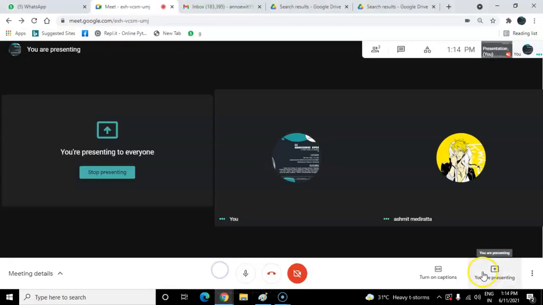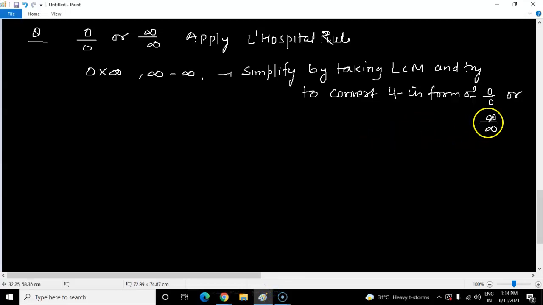Then, if it comes 0 by 0 or infinity by infinity, you can apply L'Hospital rule.